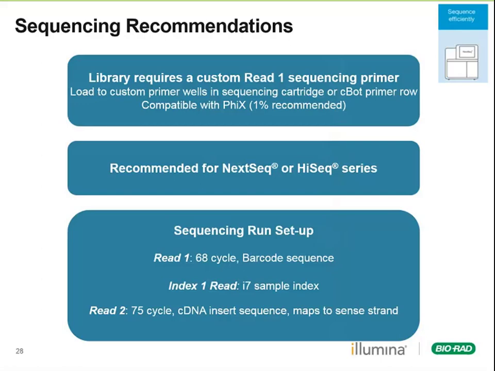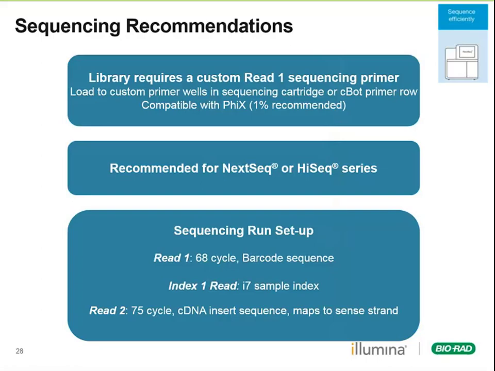SureCell libraries are going to be compatible with any of our Illumina sequencers. However, due to the data output needed, we recommend the NextSeq or HiSeq. When you're ready to set up your run, it's going to be a paired-end single index run. Read 1, we're going to use a 68-cycle read, which is going to sequence that barcode sequence with the cell and UMI barcodes.